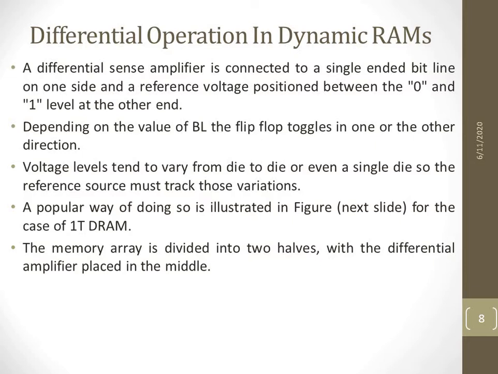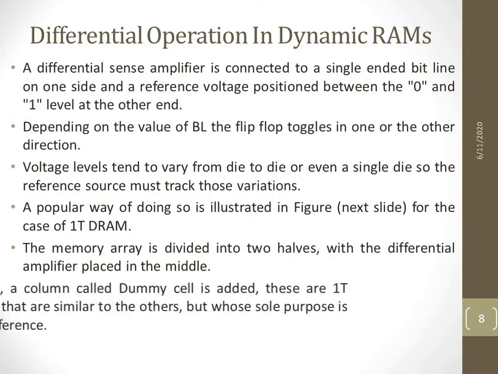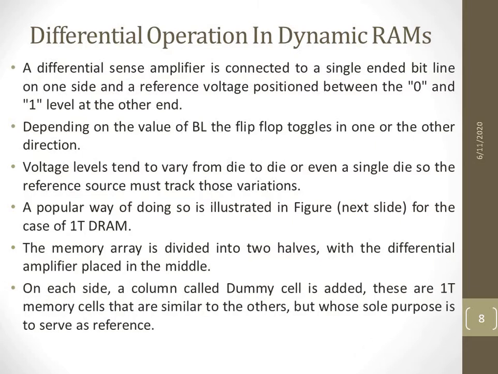The memory array is divided into two halves with the differential amplifier placed in the middle. On each side, a column called a dummy cell is added. These are 1-transistor memory cells, similar to other 1T cells, but whose sole purpose is to serve as a reference, not to store.